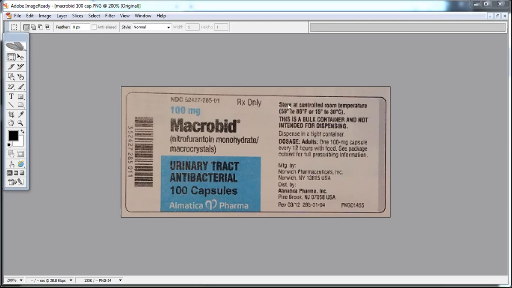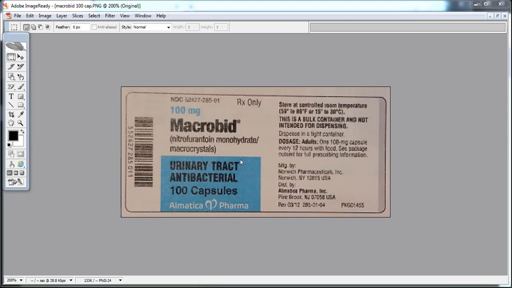So right here it says store at a controlled room temperature. I think it's 59 to 86 degrees Fahrenheit, and 15 degrees to 30 degrees Celsius.